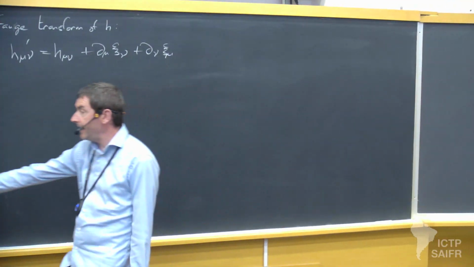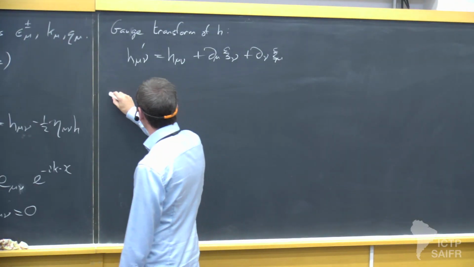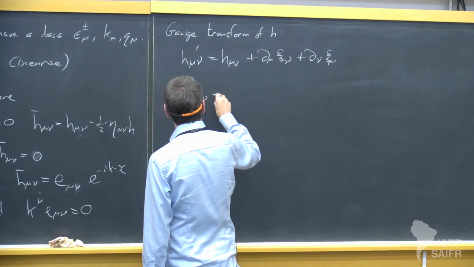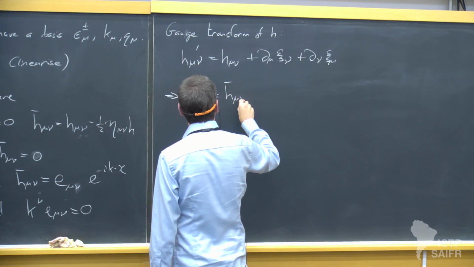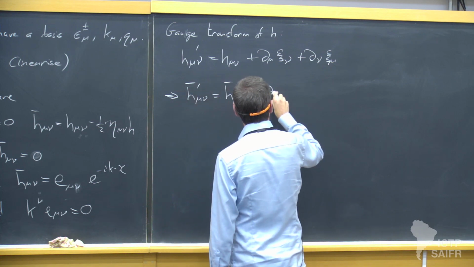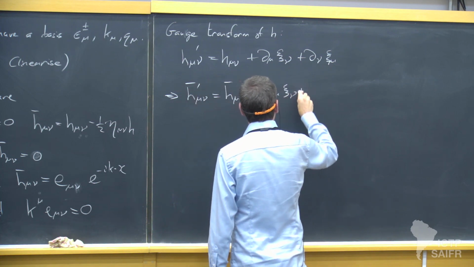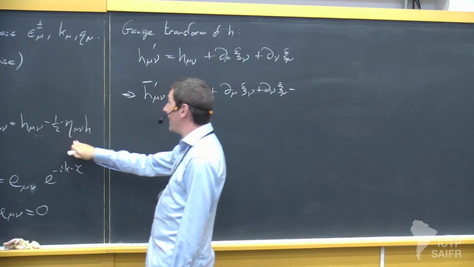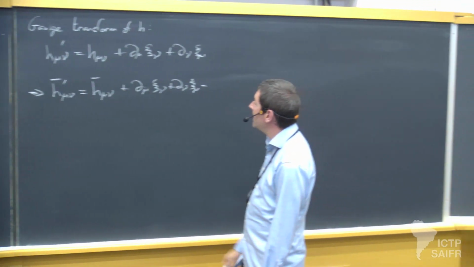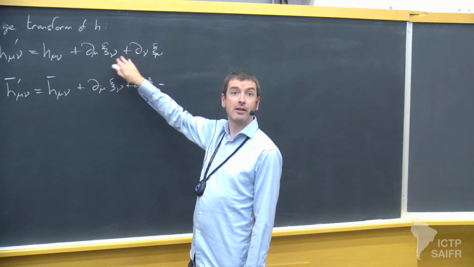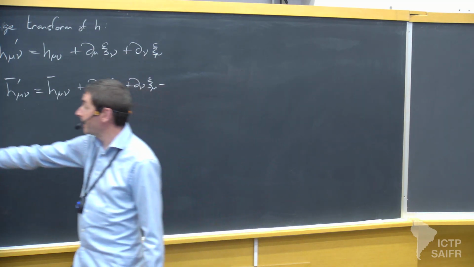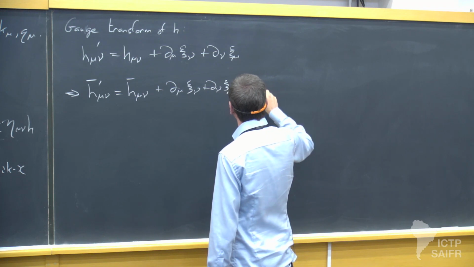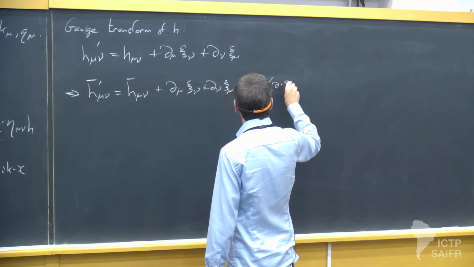But the e's come from h bar, so we need to figure out what that means for h bar prime. Some of it is similar, plus d nu xi mu. But now there's this minus a half eta mu nu h, so I have to take the trace of this. They come with a factor of 2. Got to kill that 2. This is all in 4D, by the way. So we're going to get an additional term like this.